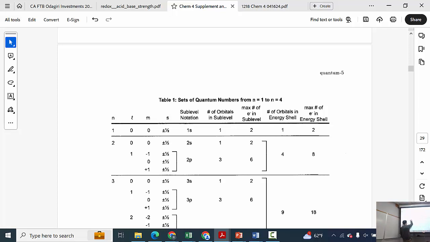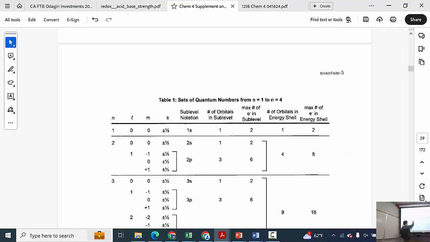For example, if n equals 1, then L can take on all values from 0 to n minus 1. And so the only value of L that's allowed is 0, because n minus 1 would be 1 minus 1, which is 0. That's a max. So this tells me I have, at the first energy, a shape 0.